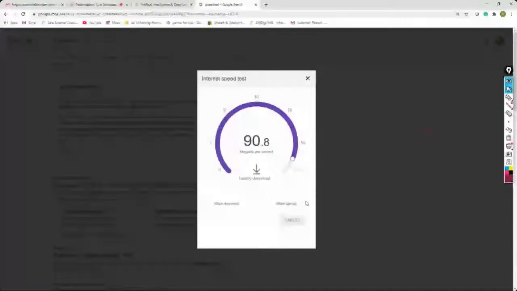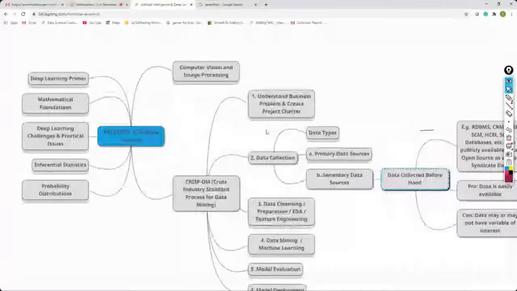I see good speed here. I really don't know what the challenge is in this scenario. It's 91.3 and 86.6. Is my voice clear? Can you just let me know?